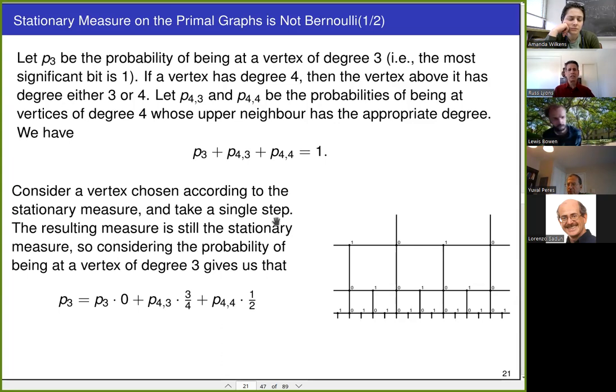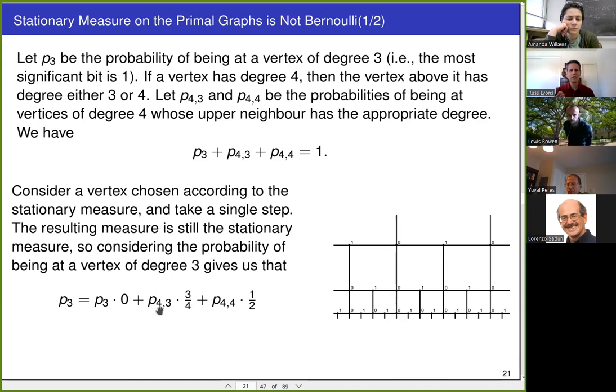Now let's look at the property that it is stationary. That means if we take a single step, the probability that we're again at a vertex of degree 3 has to still be P3. So P3 equals, well, you could start at a vertex of degree 3. Now, what's the chance that after one step you're at a vertex of degree 3? 0, right? A 1 is only surrounded by zeros.